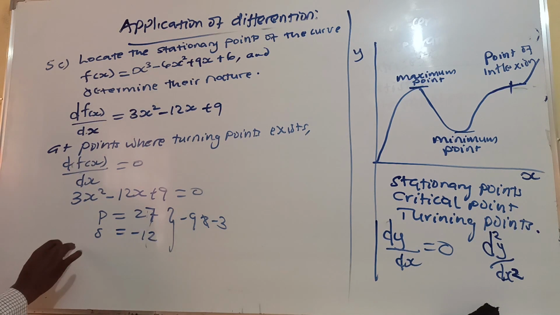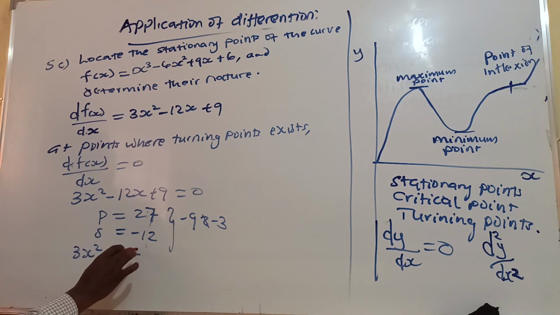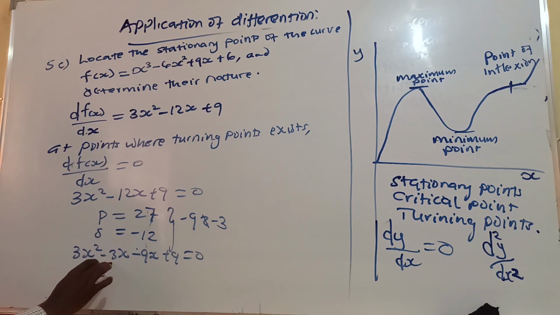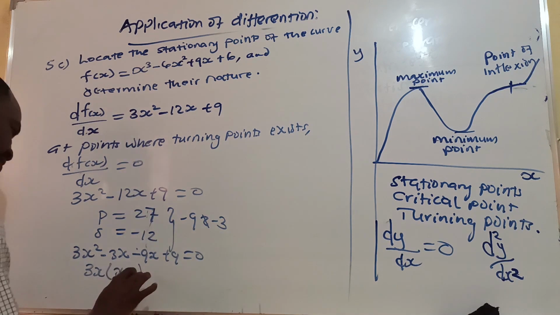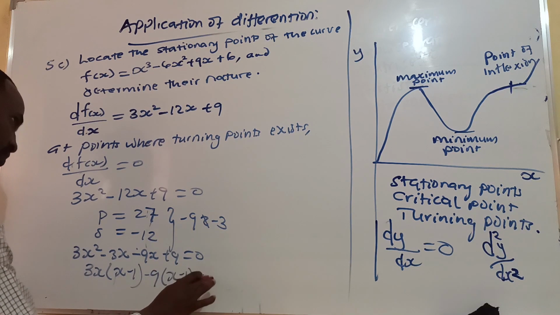So we can now say 3x squared minus 3x minus 9x plus 9 is equal to 0. 3x, this is 3x squared minus 1, minus 9, x minus 1 is equal to 0.